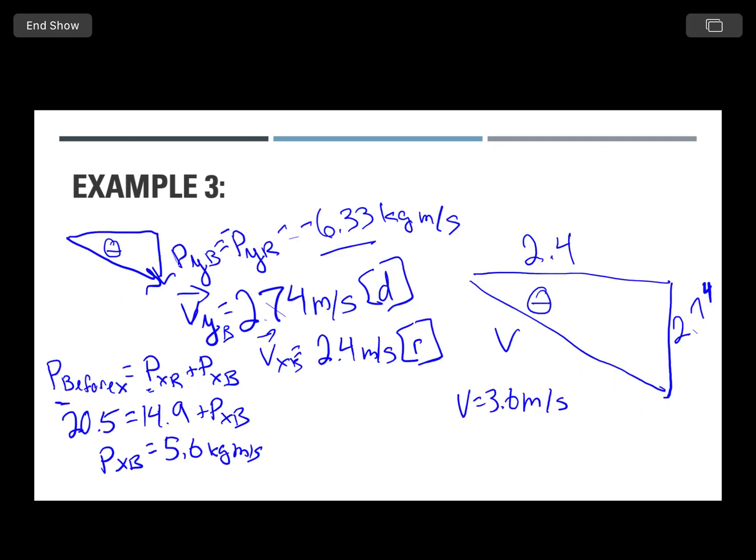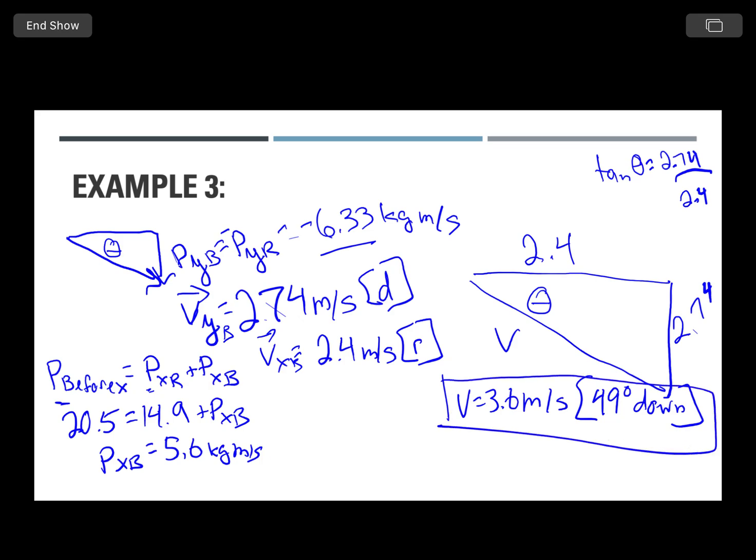Okay. Now I'm going to need this direction, so I'm just going to use a little tangent ratio. And I will get my final direction to be 49 degrees going down. And there we go. There's my answer.